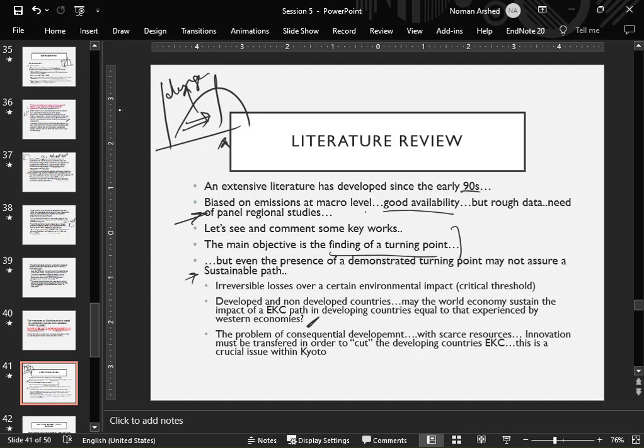Innovation must be transferred in order to cut the developing countries' EKC. This is a critical issue within the Kyoto Protocol. What he's trying to say is that rich countries have already developed innovation that can help them go to the negative side, but they are not sharing their technology with developing countries, and that has been discussed in the Kyoto Protocol.